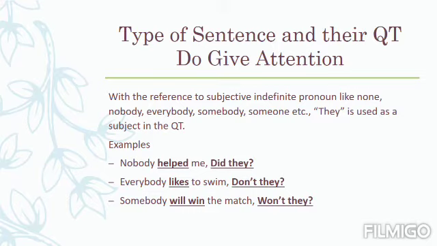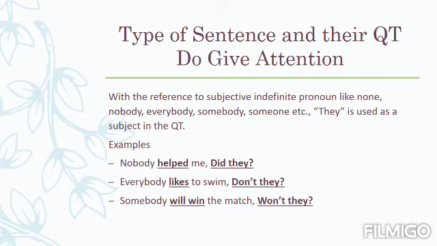Look at the first example, nobody helped me. Here, in the place of subject, the word nobody has been given. Nobody is a subjective indefinite pronoun. So how can we make the question tag of this type of statements? First of all, if the word nobody has been given, in its question tag we will use the subject they.